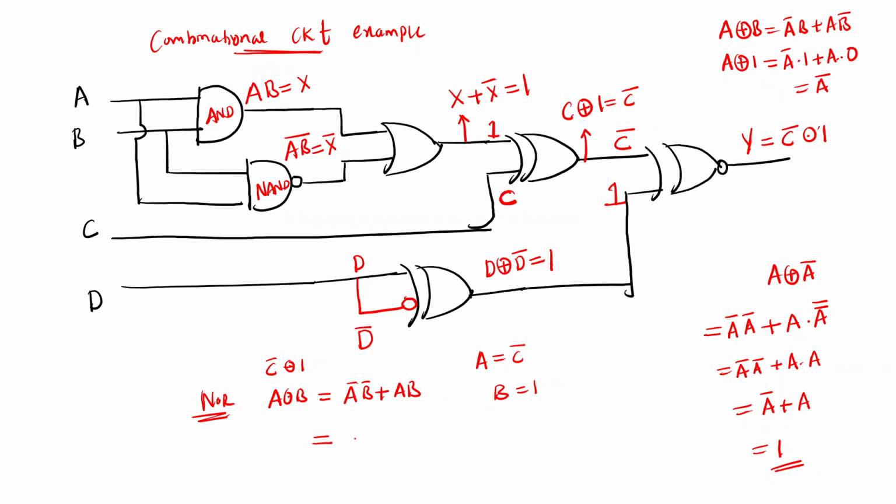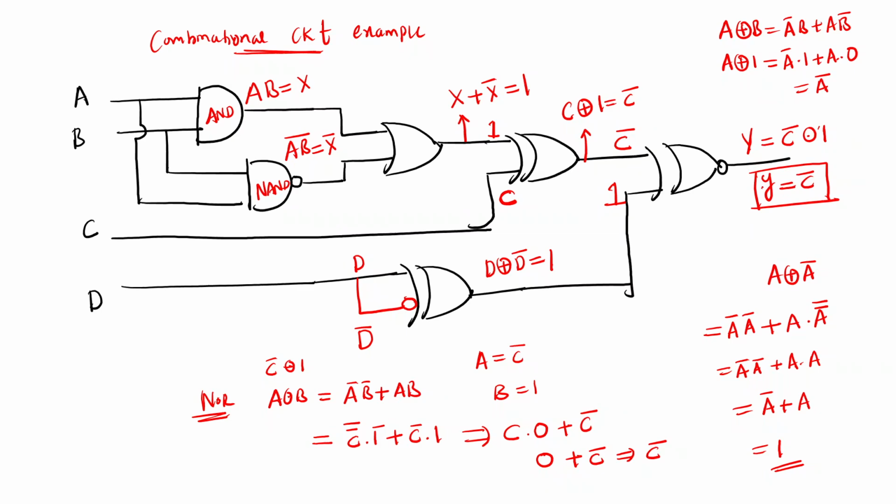That means C bar whole bar and 1 bar, plus C bar and 1. Complement of complement is the true form, so C and 1 bar is 0, plus C bar and 1 is C bar. So 0 plus C bar is nothing but C bar. So Y equals C bar.